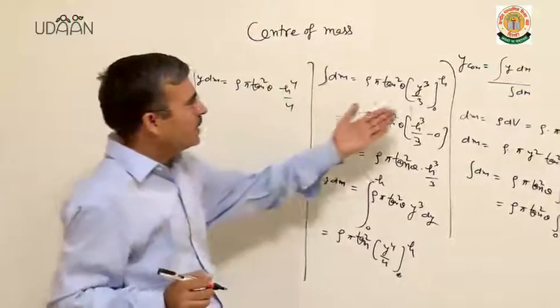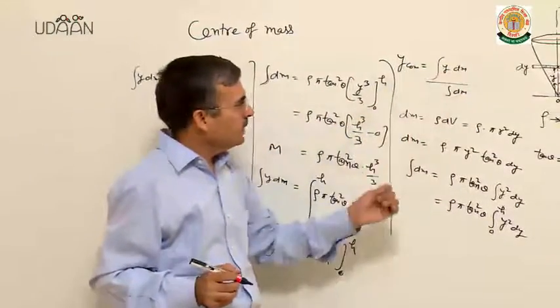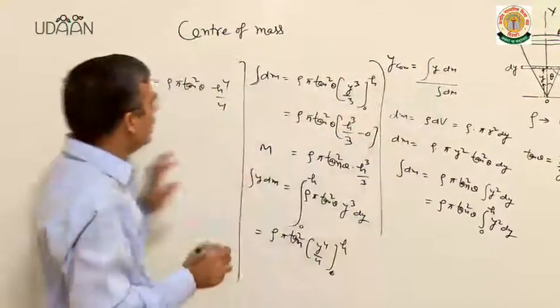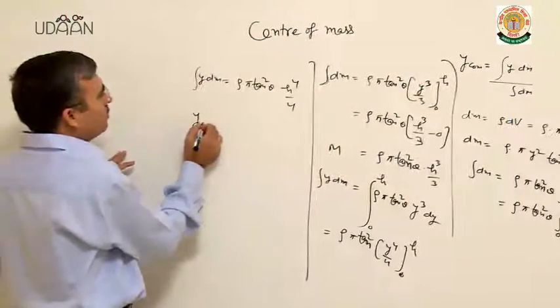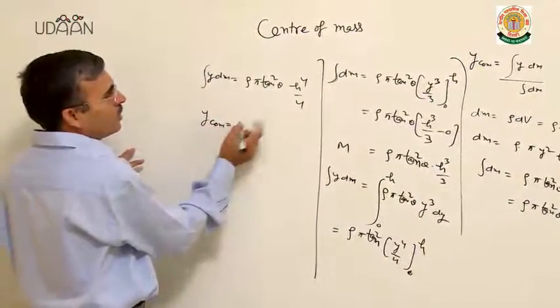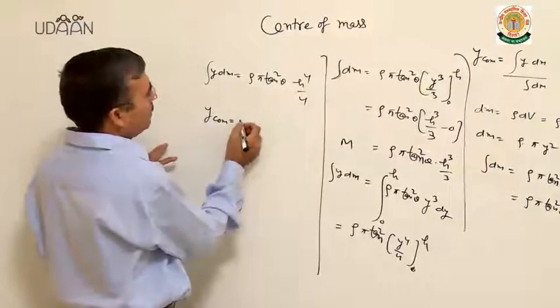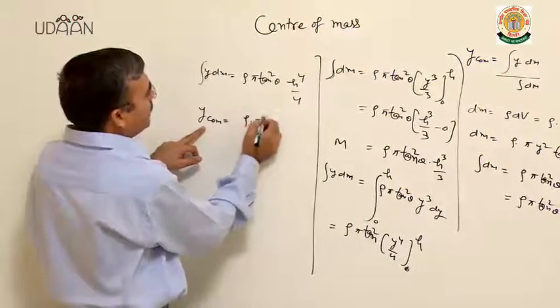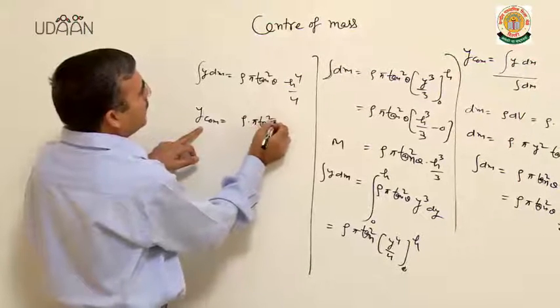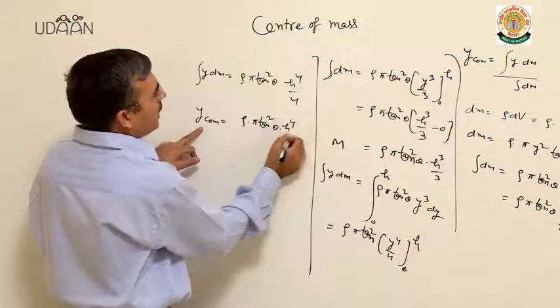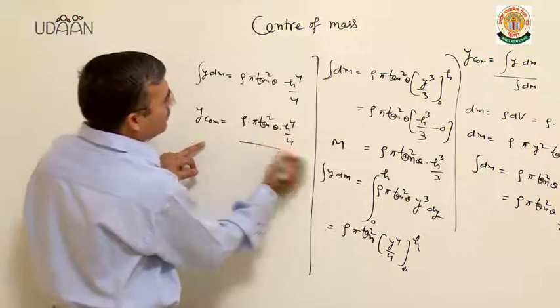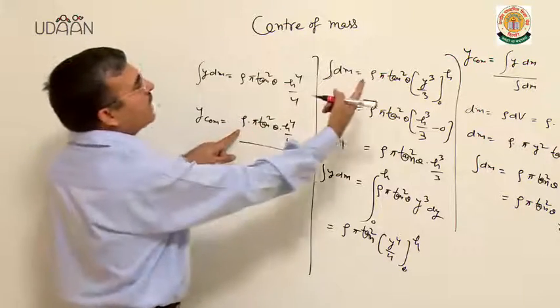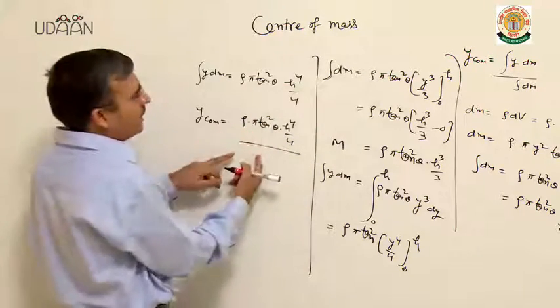Okay, we have calculated the numerator and the denominator, so the position of the cone, y com, in this case will be rho into pi tan square theta h 4 by 4. It is integration y dm divided by integration dm.